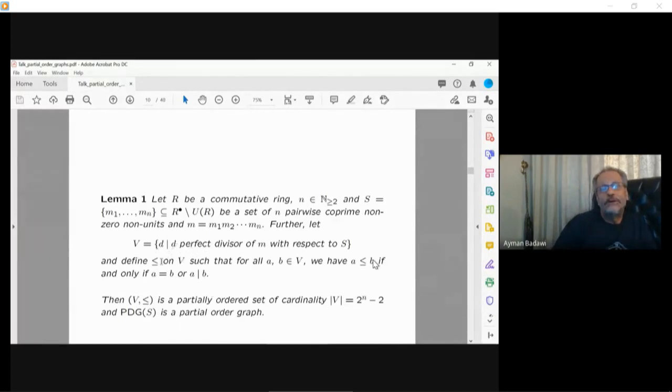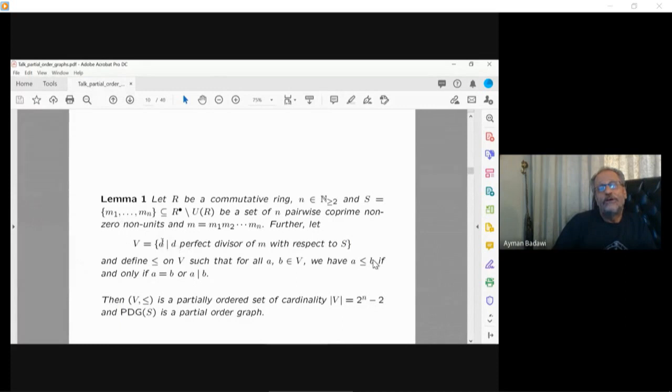And how I connect, again, two vertices in here. So again, V will be the set of all perfect divisors. So remember, like 5 will be a perfect divisor. 3 is a perfect divisor. 3 times 5, 15, is a perfect divisor. 5 times 11 is a perfect divisor. 7 times 3 is a perfect divisor. How many of them will there be? 2 to the 4 minus 2. 2 to the 4 means 16, minus 2, that will be 14.